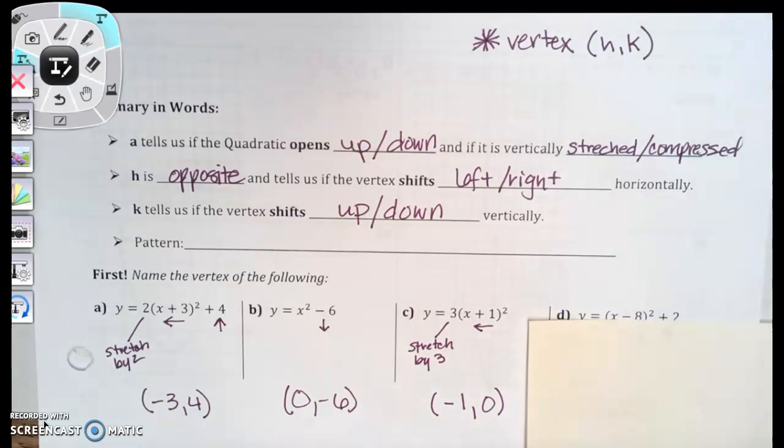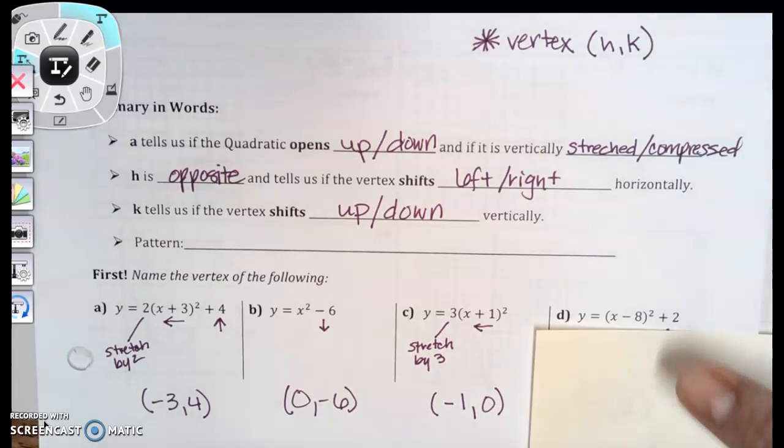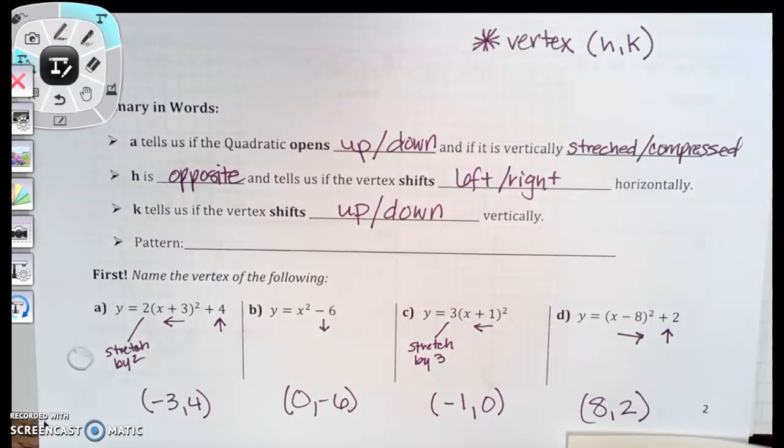And we have one more on this page. Who thinks they can get the vertex for D? 8, 2. Yes, good job. So we've got 8, 2, and I drew an arrow going to the right because we're going to shift 8 units to the right.